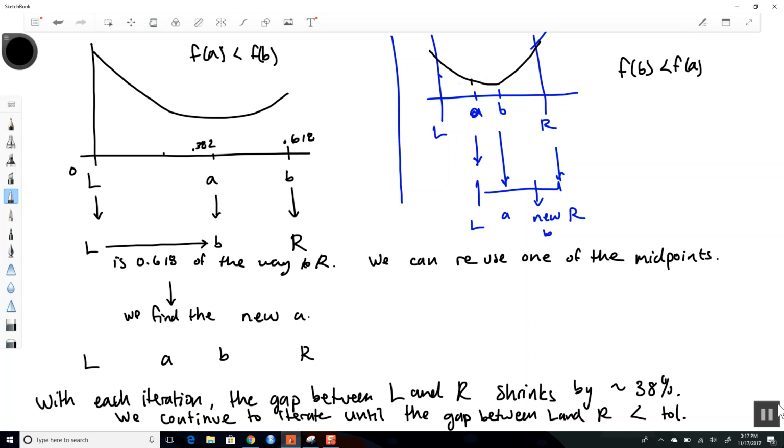Is this okay? Any questions on golden section search? All right, so that's where the golden ratio comes in nice and handy.